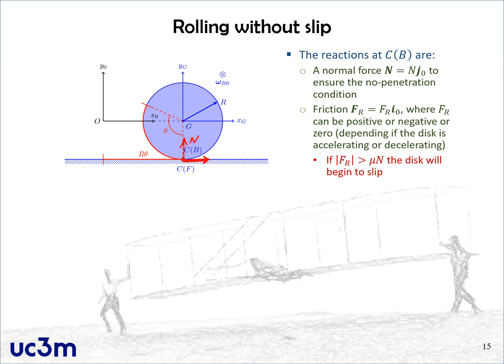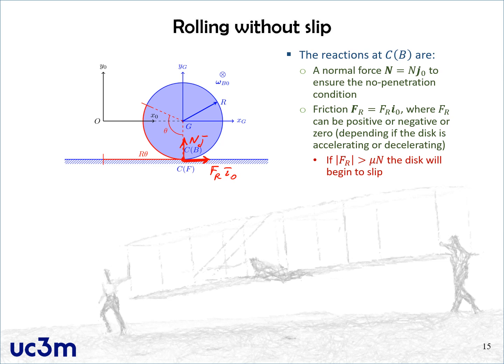Let's call this force N in the j direction, and this the friction force Fr in the i0 direction. Now, we don't know the value of either of these unknowns until we solve the problem. Perhaps it's relevant to comment about the friction force. We don't know in which direction it is pushing the disk. In general, it can be to the right or to the left. It really depends on what the disk is doing.